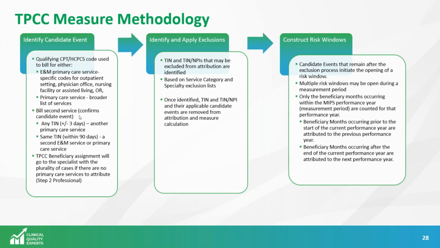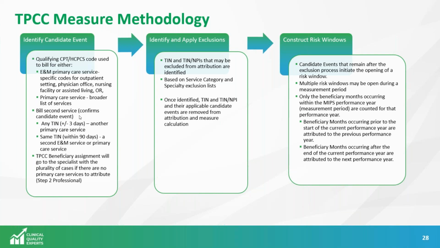So if the specialist is not excluded, they may end up getting the total cost of care for the year attributed to them, which means that even the costs they had no control over, like the primary care visit costs, are calculated into their score. So that's why we have this step 2 in identifying the candidate events.